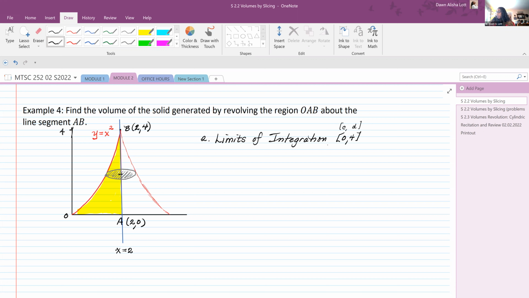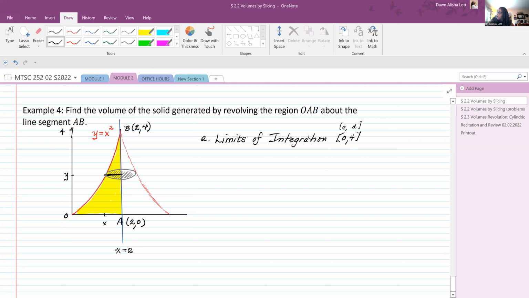That part I know. And then I also know that I need to find my radius. So my radius is this length. So I need to find that length. Okay, this is some point y, and then this is some point x. So this point that I choose is x, y, here's my y value. This is x.